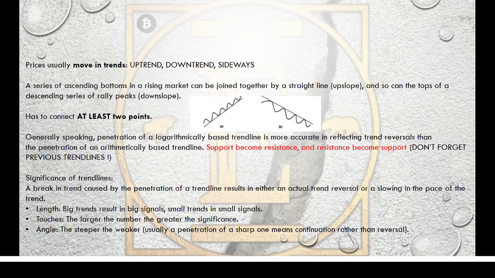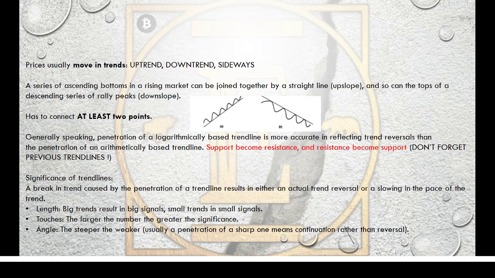Okay. And the significance of a trend line is that a break caused by the penetration of a trend line results in either an actual trend reversal or a slowing in the pace of the trend. If a support trend line is broken, then this trend stops or reverses, and you need to look for another support trend line, or you need to change your trend lines to resistance. Okay.